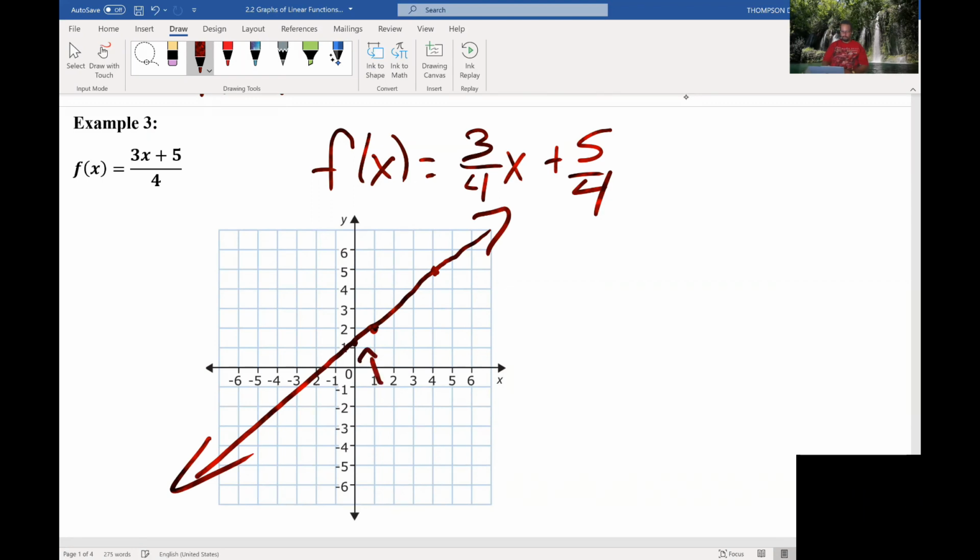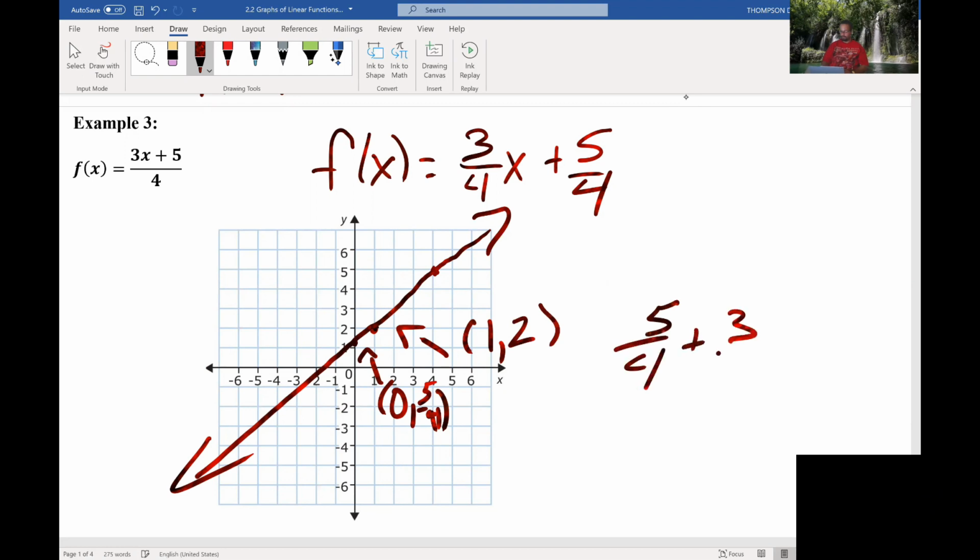This would be the point (0, 5/4). And this would be the point (1, 2), because 5 fourths plus 3 fourths gives me 8 fourths. So that's how we figure that out real fast. And here's the point, just going up from (1, 2), up 3 over 4.